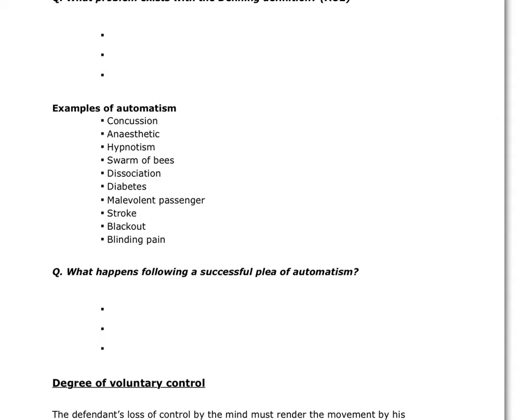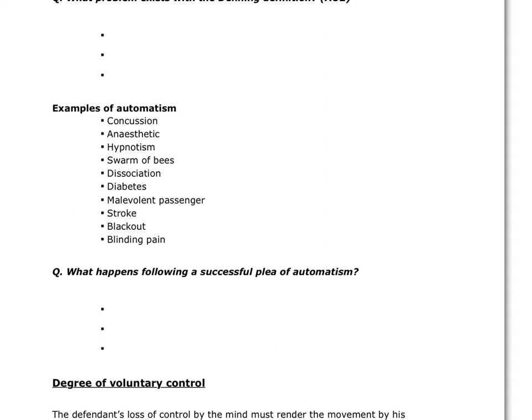Anaesthetic, where you're given anaesthetic by a doctor, but it has a funny effect or it hasn't quite worn off yet and D commits a crime. Hypnotism, the swarm of bees, dissociation we've covered, diabetes we have covered, the malevolent passenger. These are all examples that I've got from the previous case law.